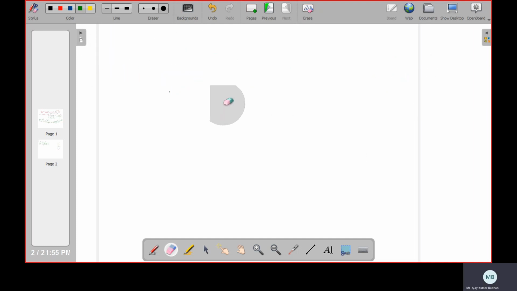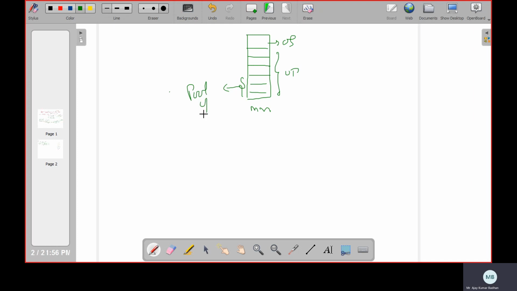So here, in page pool buffering, we have the main memory, right? Some portion is occupied by the operating system and the remaining is used by the user processes. Now we are dividing this into a fixed number of frames. In page pooling, we'll keep aside a pool of frames, nothing but a set of frames.